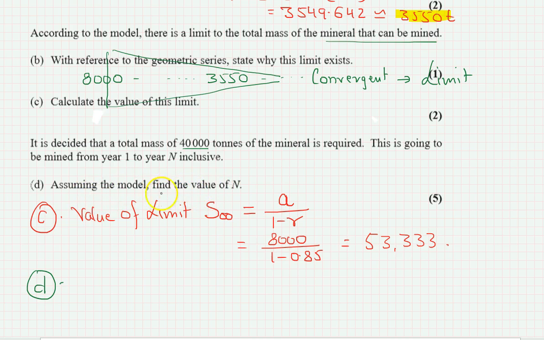So we have to find the number of years. How many years does it need to mine 40,000? So in this question, we have to find n, and Sn is given as 40,000.